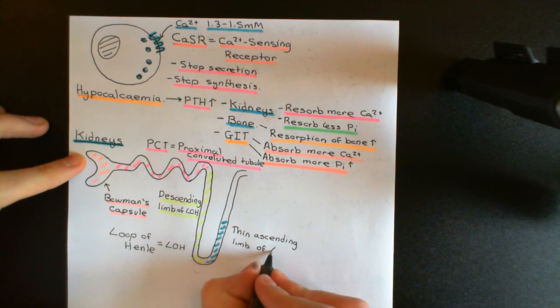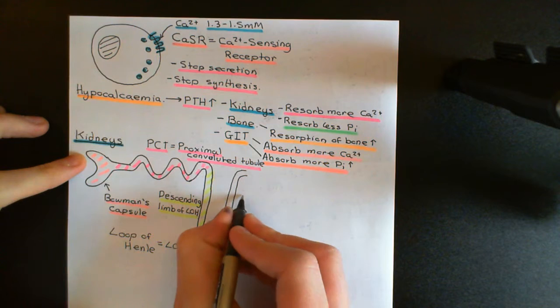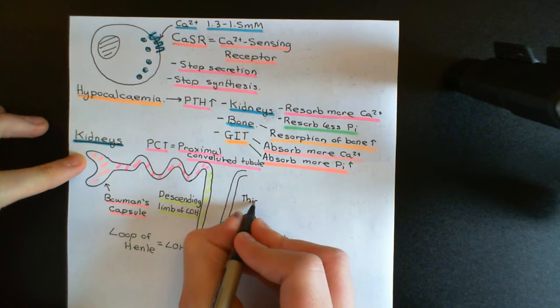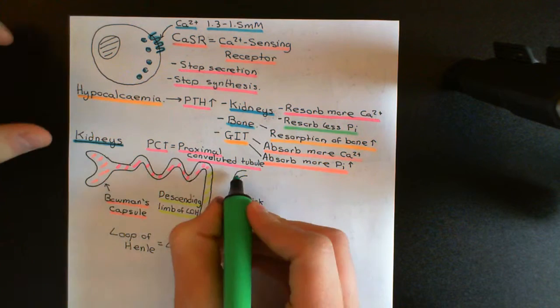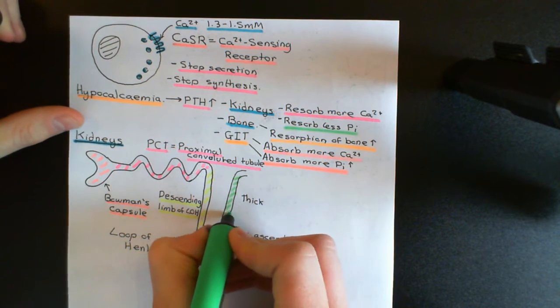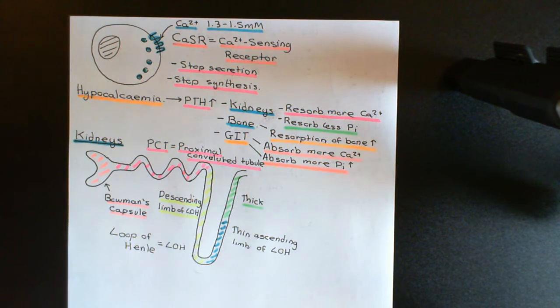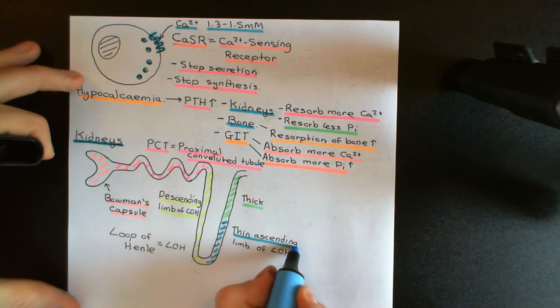So this is the thin ascending limb of the loop of Henle. And this one, I won't write it fully out again, but I'll just put that this is the thick portion. So this is the thick ascending limb of the loop of Henle, and this is this green portion here. So we divide the ascending limb of the loop of Henle up into the thin portion and the thick portion.